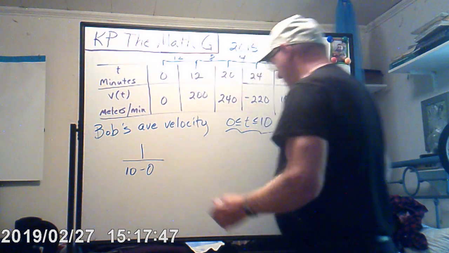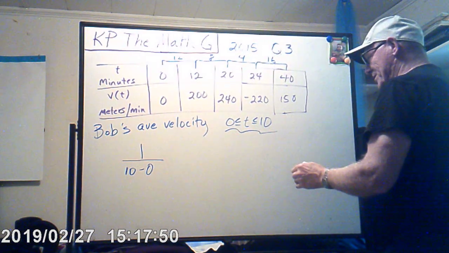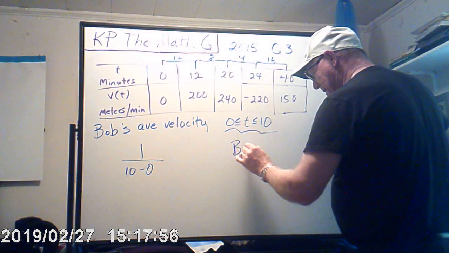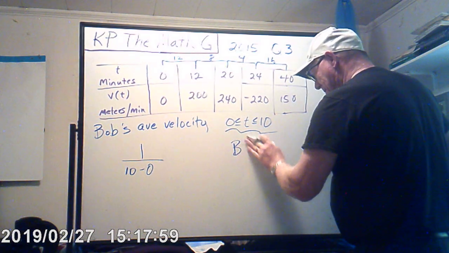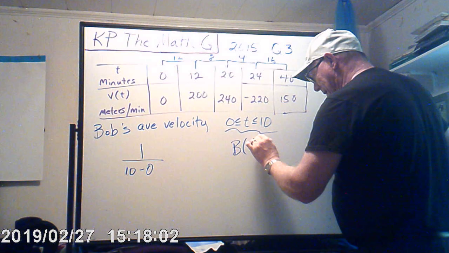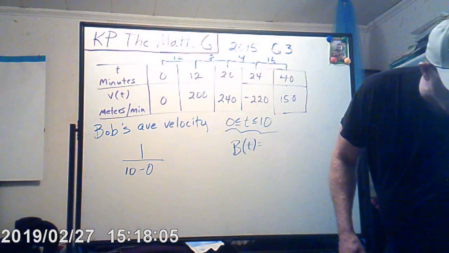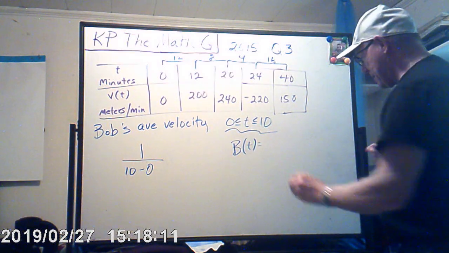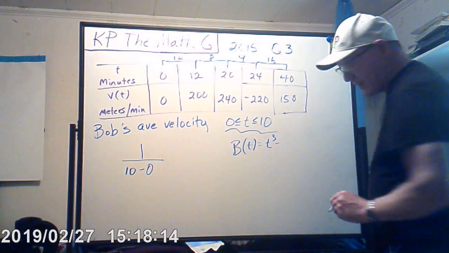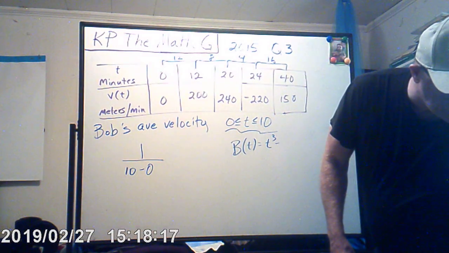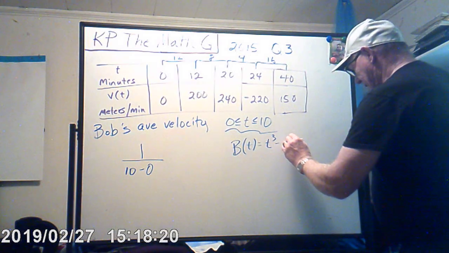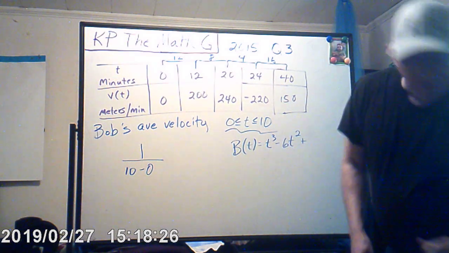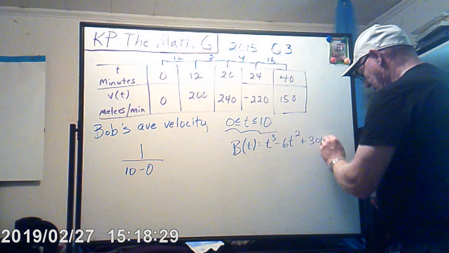And just keep in mind, the velocity equation itself is b at t, I think it was equal to t cubed minus 6t squared plus 300.